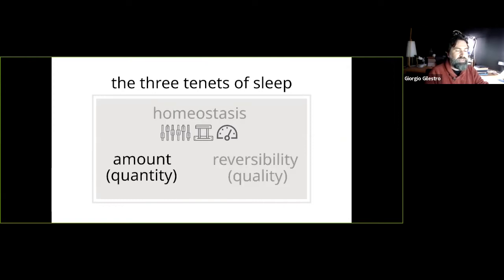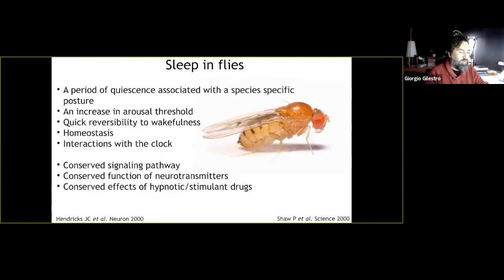So let's start with the easiest aspect, which is sleep amount. And I'm going to show some data that we collected in Drosophila over the years, which were quite surprising. In fact, they are the data that really started our path towards this tripartite model of sleep function.